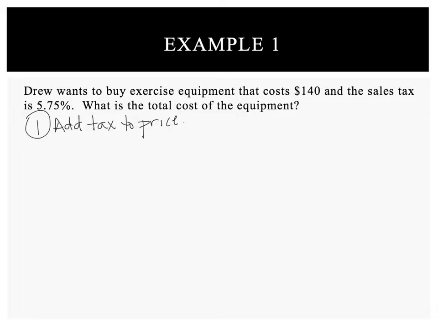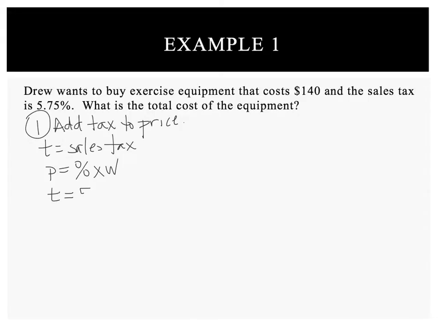And how we do that is we find the sales tax. So we're going to have T equals the sales tax. And then we go back to that part equals percent times whole. Remember that? Part equals percent times whole. Okay, so T is our part because that's our sales tax.